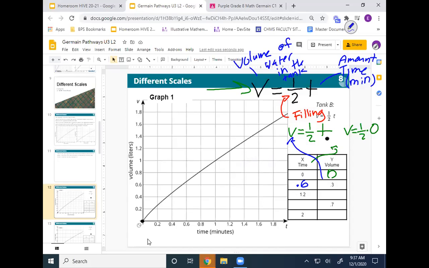Okay, so if I want to plot that point on my graph, I need to go over to what number? Jocelyn, help me out. If I want to plot this point, 0.6 comma 0.3, I have to go over to what number, Jocelyn?